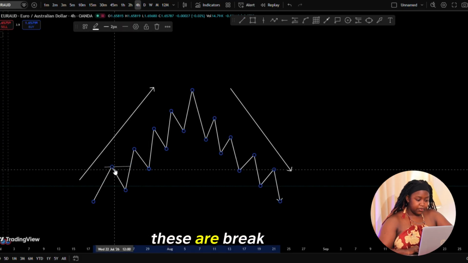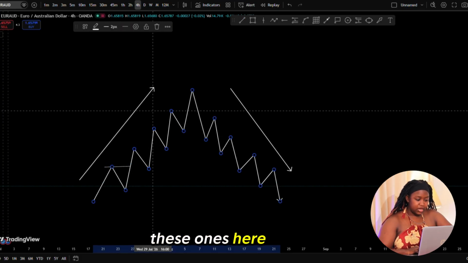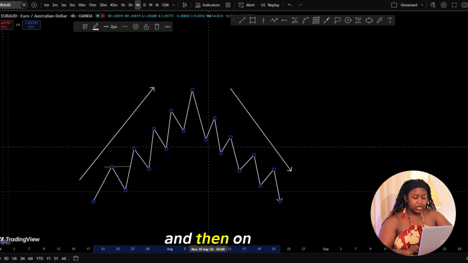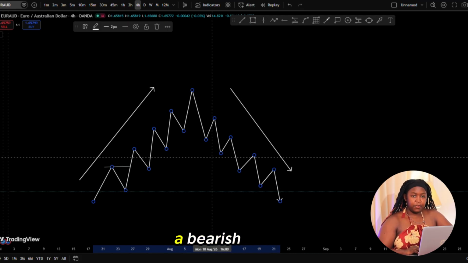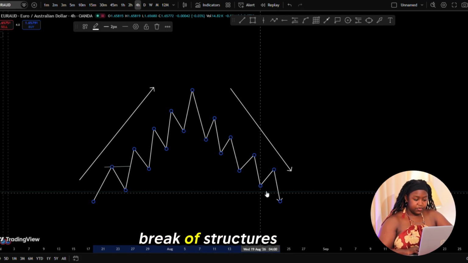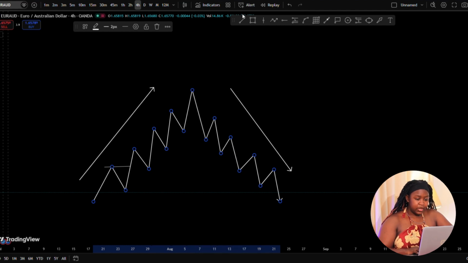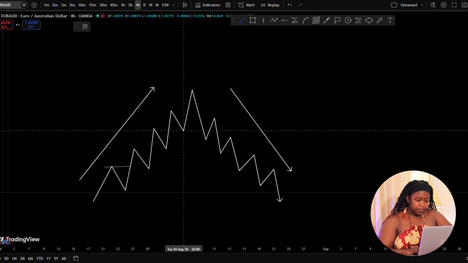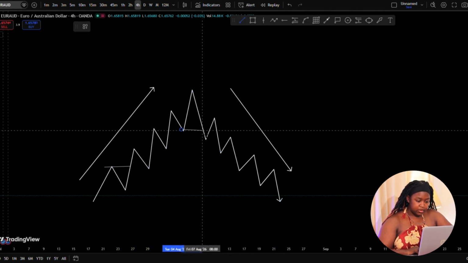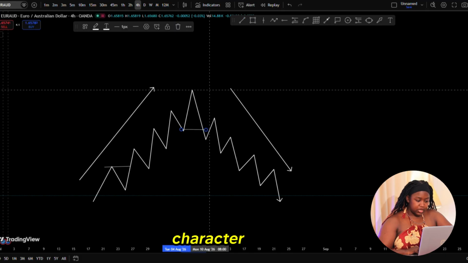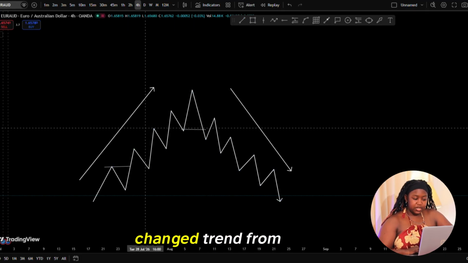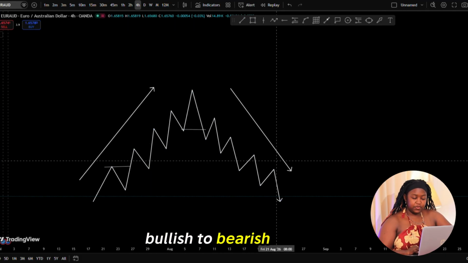So these are break of structures, these ones here. And on the side of a bearish, these are also break of structures to the downside. And right here we have a change of character, meaning price has changed trend from bullish to bearish.